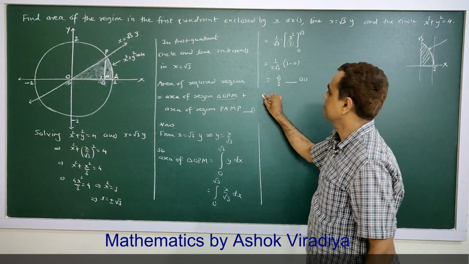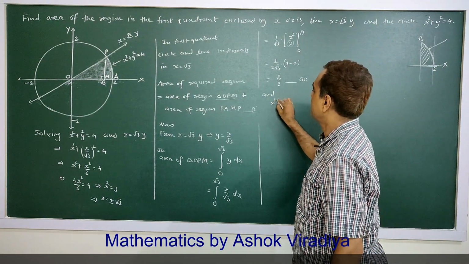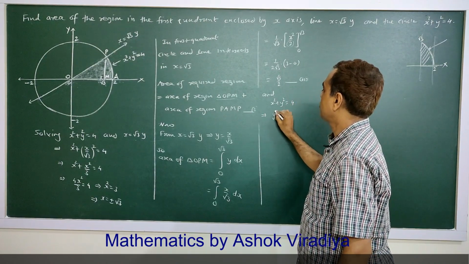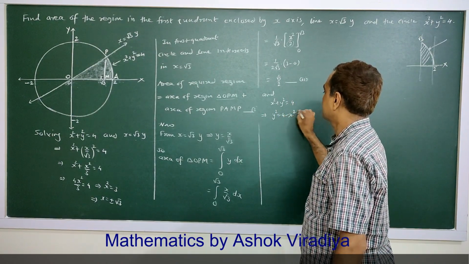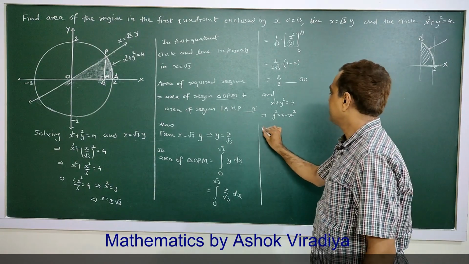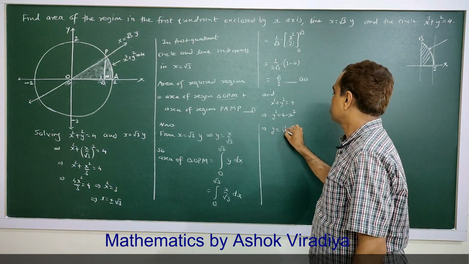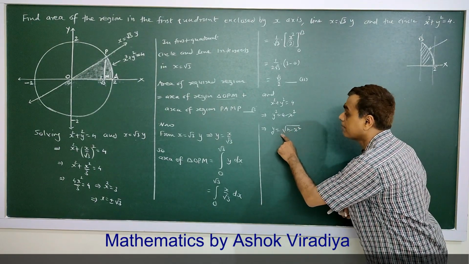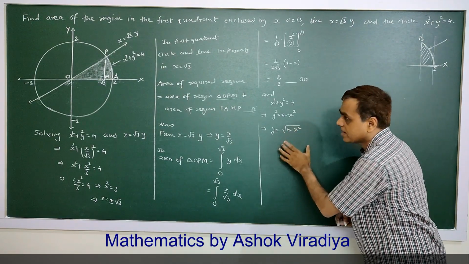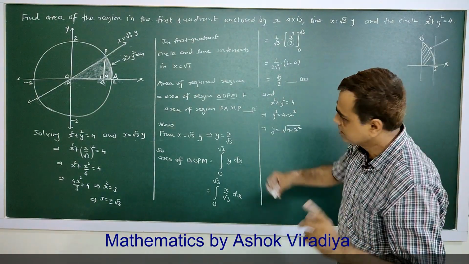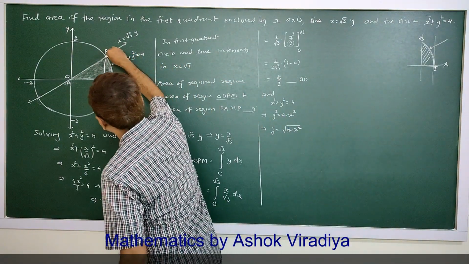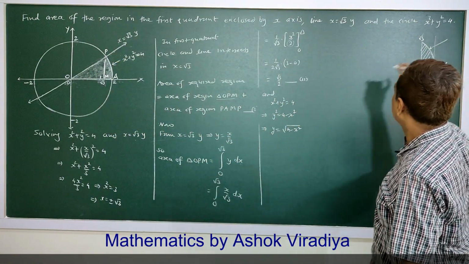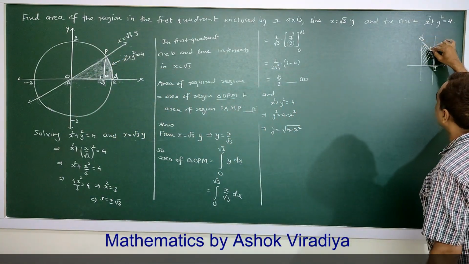Now x square plus y square equal to 4. So y square is 4 minus x square. So y is the square root of 4 minus x square. Now see, this will be plus or minus, but we are taking plus because in the first quadrant every point on this circle has a positive y coordinate.